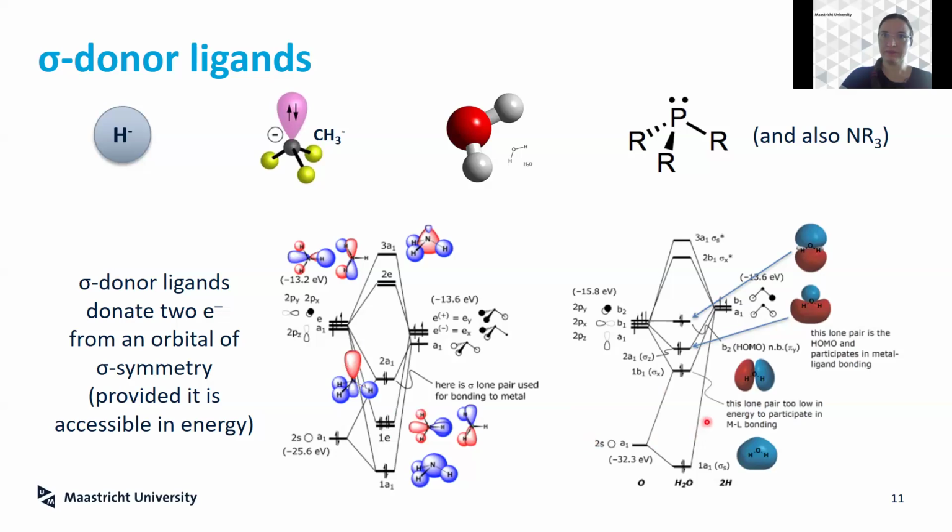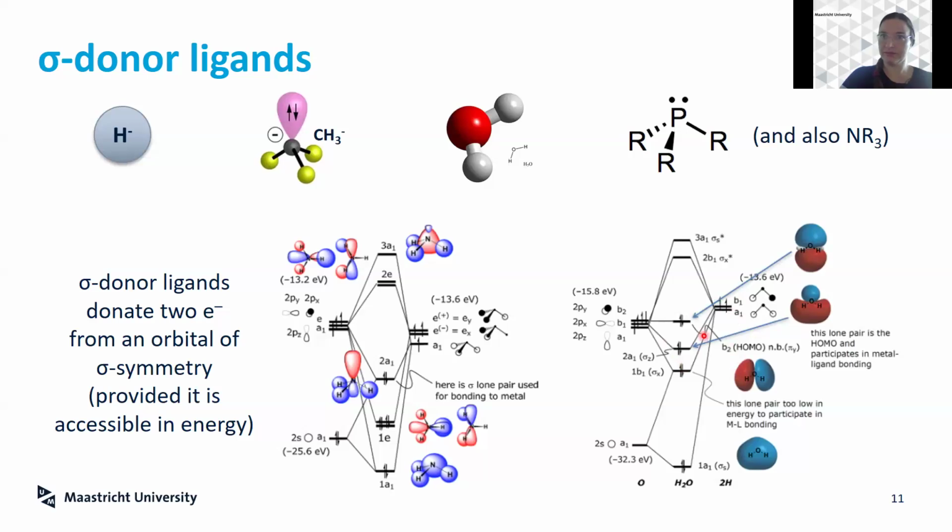Water will be doing the same thing. So if you see the molecular orbital diagram of water, you have a sequence of possible molecular orbitals that have this lone pair, but this one, despite being sigma in energy, is too low, so it will never interact because it is really stabilized from the interaction between oxygen and hydrogen.